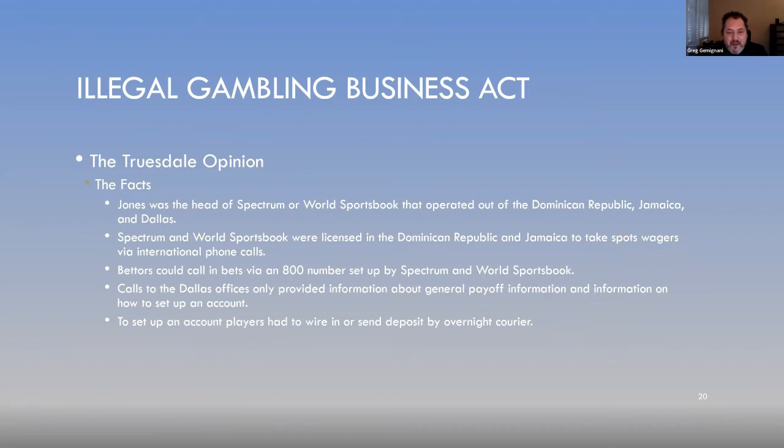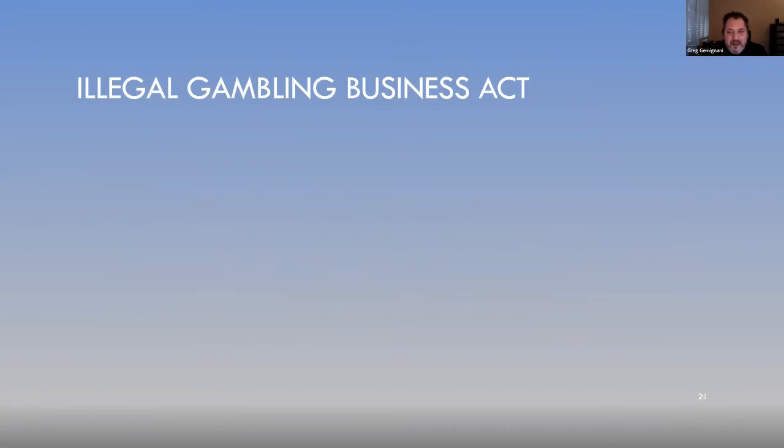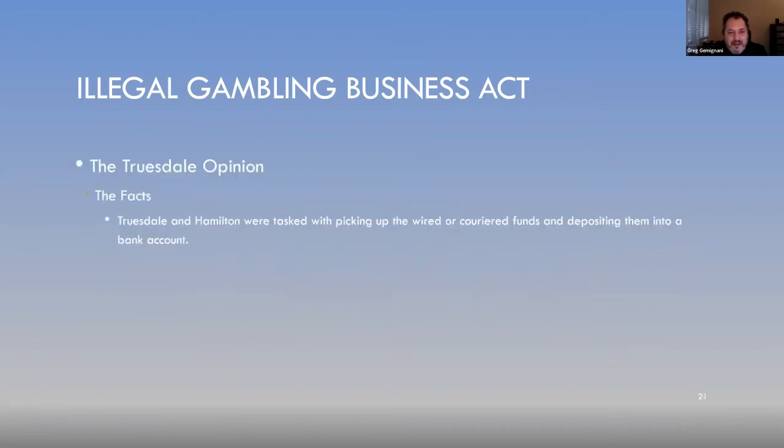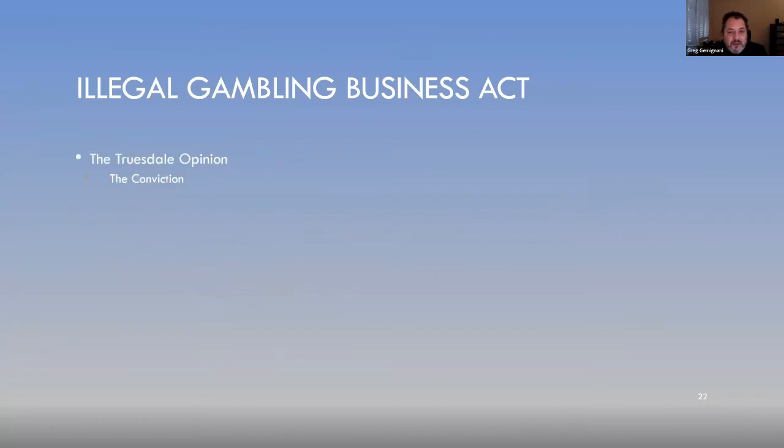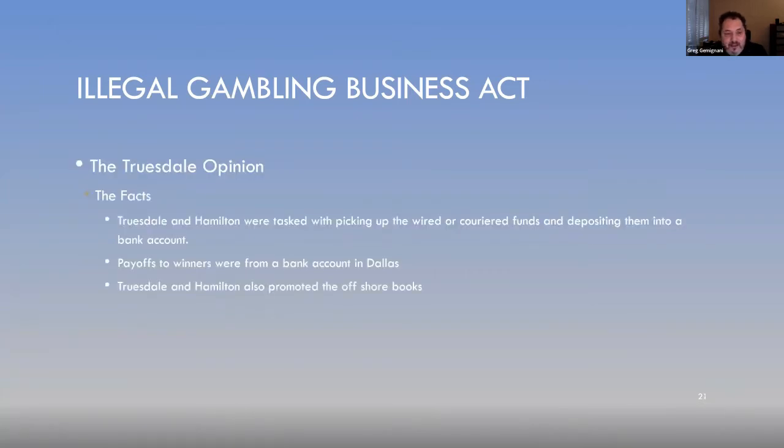To set up an account, players had to wire money, and these guys would pick up the funds and wire them to another bank account offshore. And conversely, when payoffs came through, they would come through their bank account in Dallas, and they would pay off the winners. And these guys promoted these offshore books, and they get convicted of bookmaking.